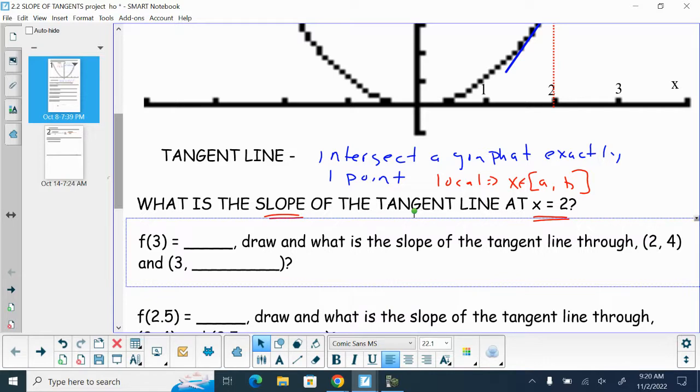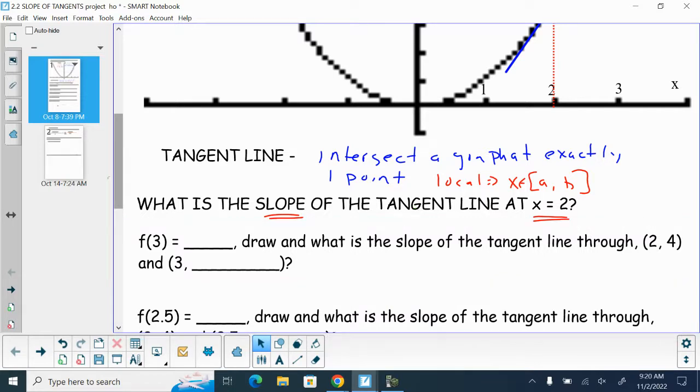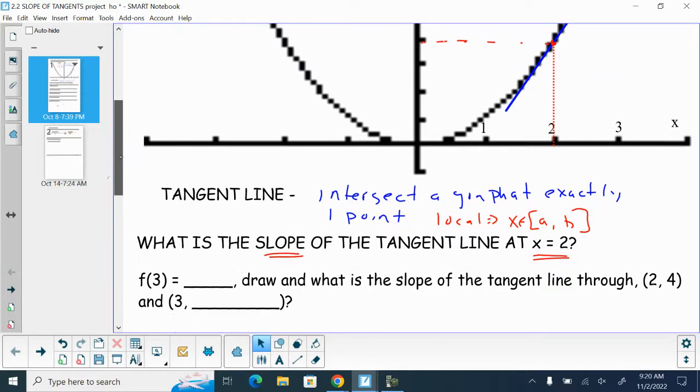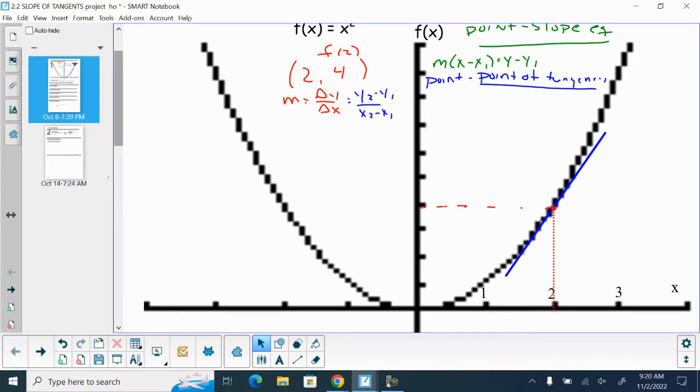If I look at my function value at 3, if I would take my graph up to here, we can find a y value at 3. And my function value at 3 would be what, Brianna? 9.